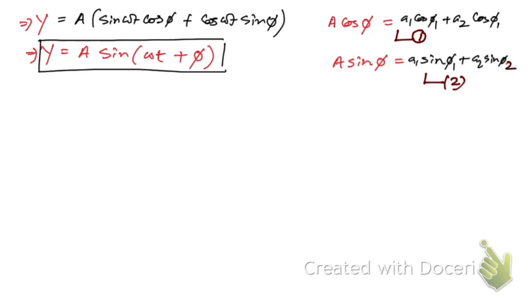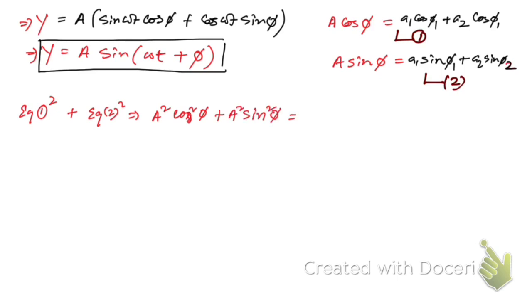So squaring and adding these two equations, squaring equation number 1 and equation number 2, then adding. On the left hand side you're going to have A square cos square phi plus A square sine square phi.